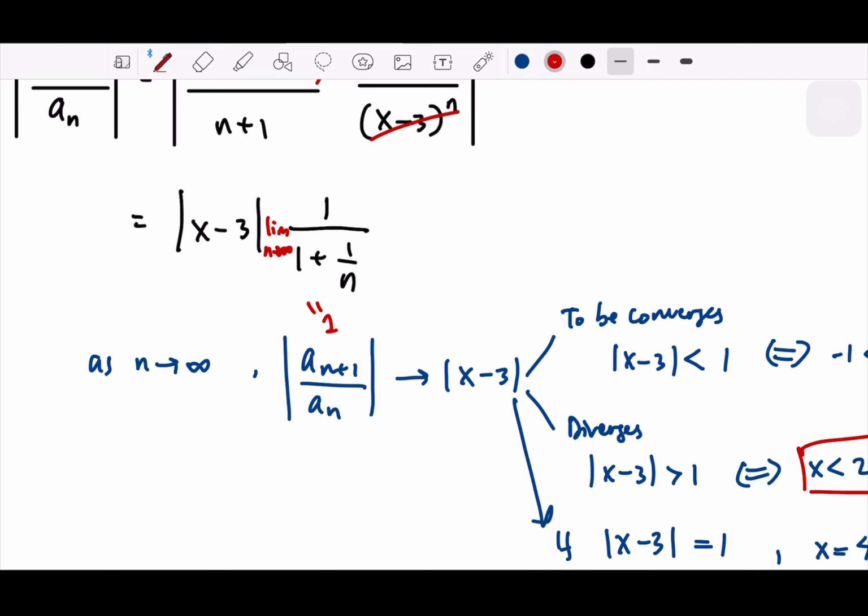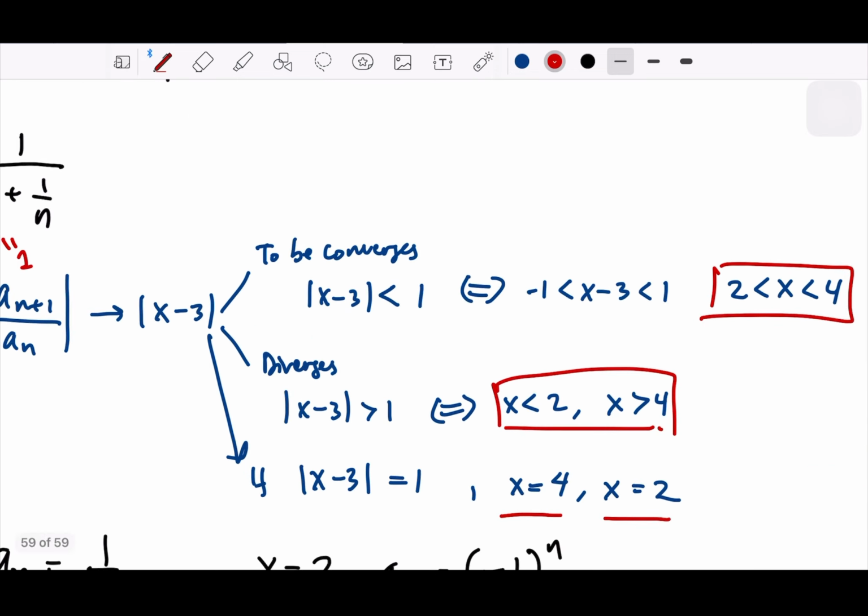The conclusion has 3 cases: converges when less than 1, diverges when greater than 1, or inconclusive when equal to 1. Maybe you get this: oh, convergent is 2 less than x less than 4, and this is your final answer, which is not necessarily true. So you need to check the other conclusions.